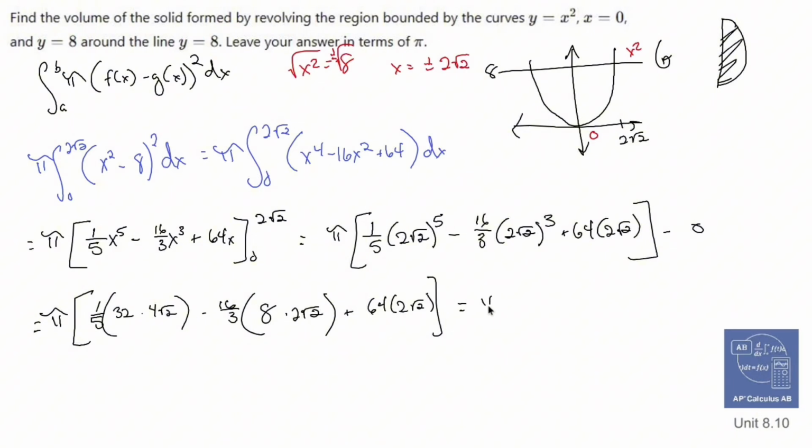So this becomes pi times 1/5 times 128 root 2. Minus 16 thirds, 16 root 2. Plus 64 times 2 root 2.